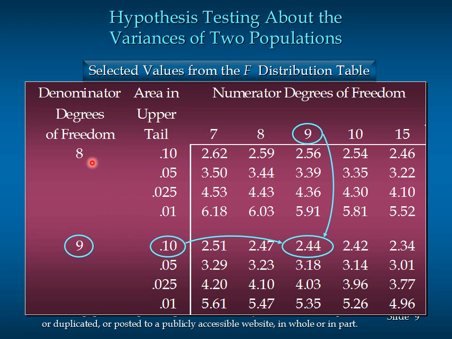Then all you would do is come up here until denominator degrees of freedom 8. The numerator is still 9, and so you just run it across here at p.10. And that's a one-tail analysis. So your critical value is 2.56.